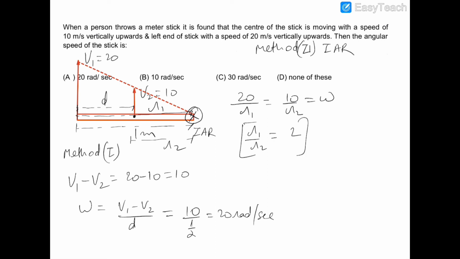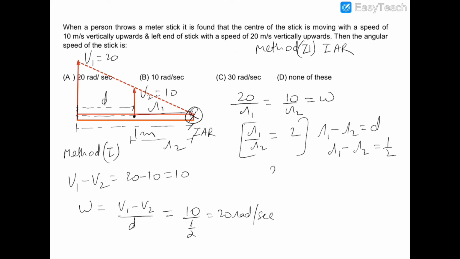We also know that this is R2, this is R1, the complete distance. So R1 minus R2 is equal to D, and D is equal to half. So R1 minus R2 is half, and R1 is equal to 2R2.